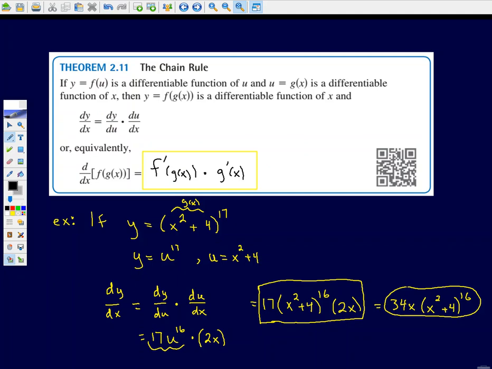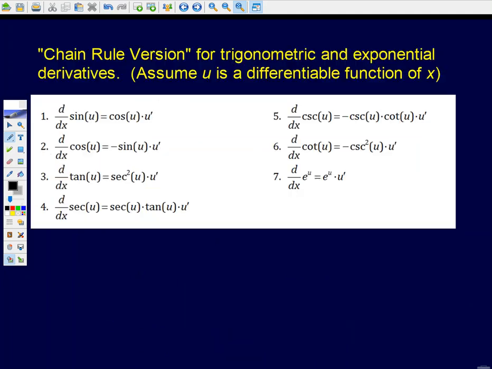Now the way I was doing it here leads me to say that any of the basic derivative rules you already know can be transformed into what we call the chain rule version. On your list of derivatives, in box number 2, it's got the basic power rule, which says, what's the derivative of any power of x, x to the n? And we know that rule now.